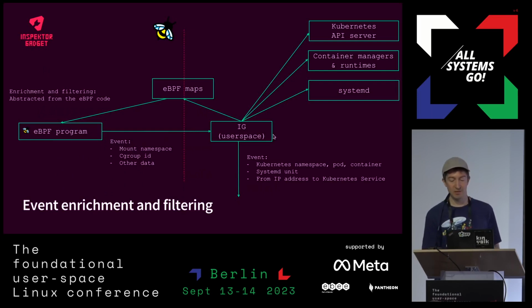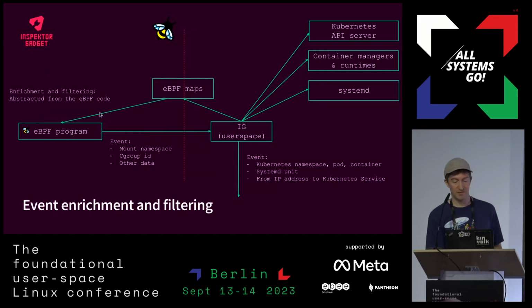The way you interact is that the Inspektor Gadget process can connect to the Kubernetes API server, or to container managers like containerd or runc, or to systemd, to get the list of services or containers that are running and find out the mount namespace ID or cgroup ID to put in an eBPF map. So the BPF program can consume this information and know how to filter, for example, to look for events only from this cgroup. So that's how filtering is done.